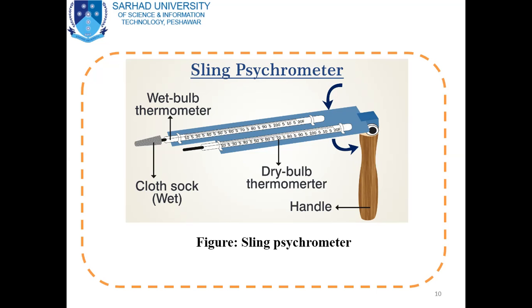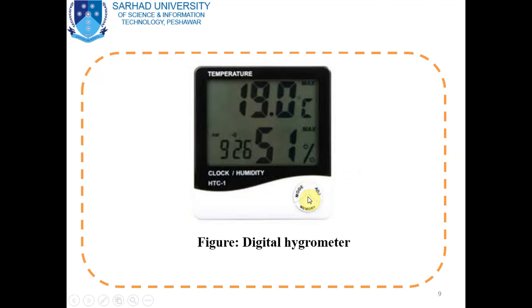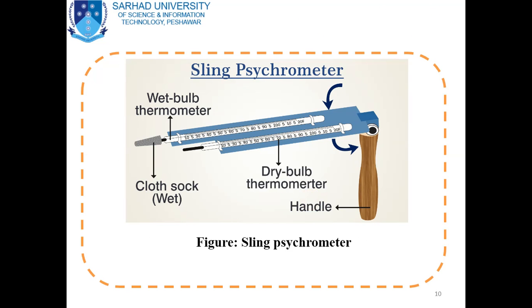And another instrument is the length hygrometer, that I have told you about, where humidity can be measured by taking two temperature measurements. The two temperature measurements means the wet bulb thermometer having a cloth sock, that is the wet cloth at the end of this particular thermometer, and at the lower side you can see the dry bulb thermometer. We have to take these two readings, and the difference of these two readings is considered from the table.